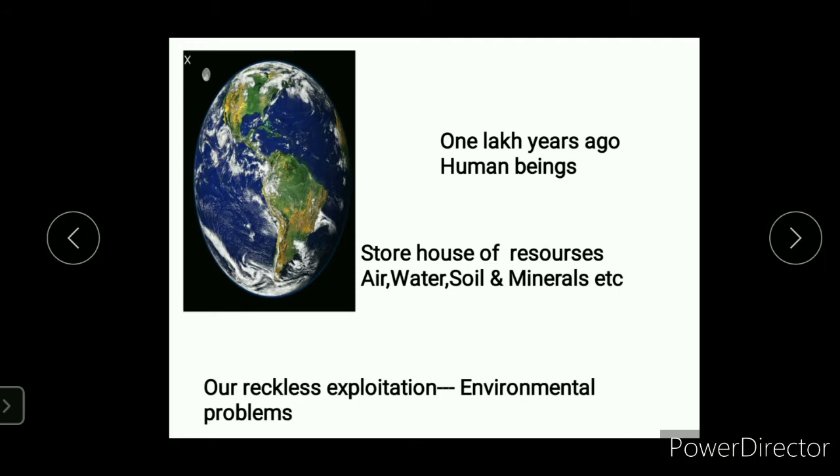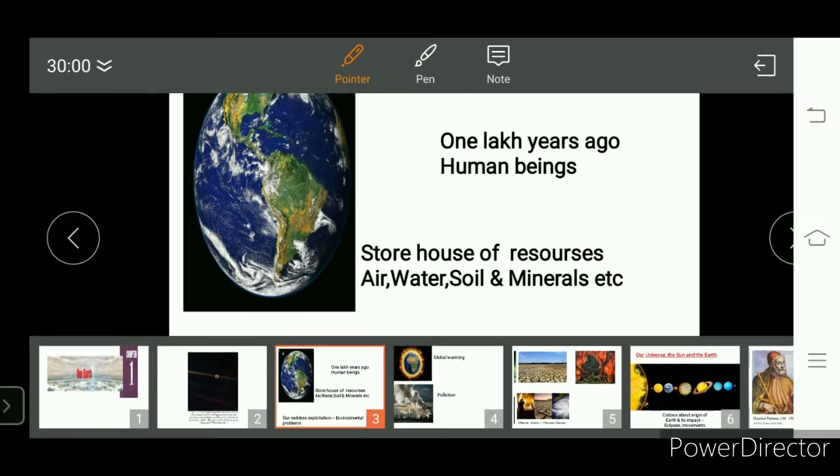That is the environmental crisis. Today, we people are suffering from many environmental issues like global warming, air pollution, water pollution, deforestation, and soil degradation. Like this, we have many environmental issues.